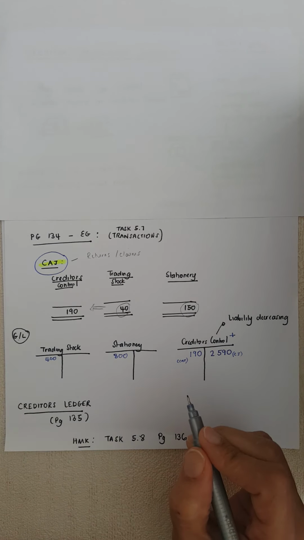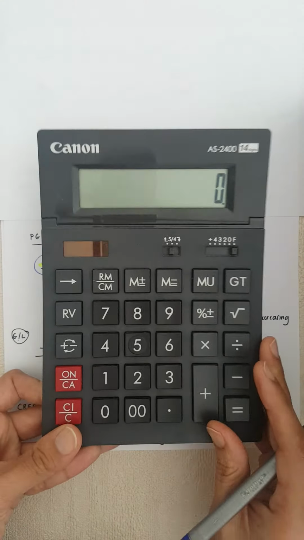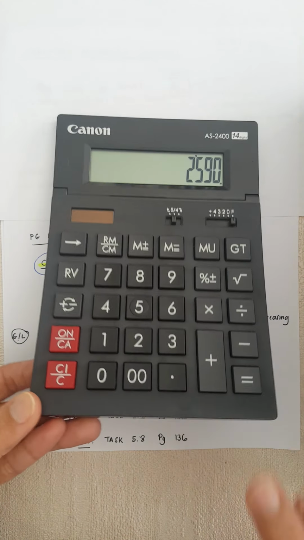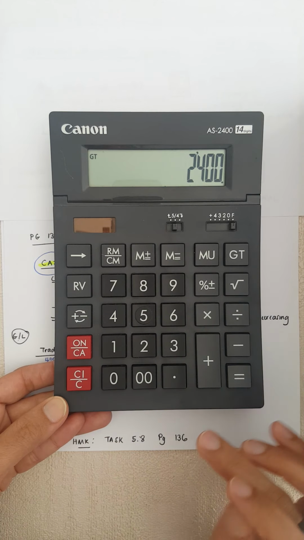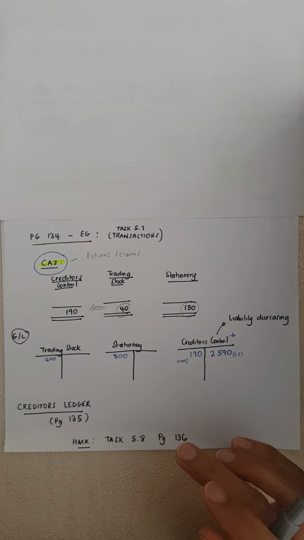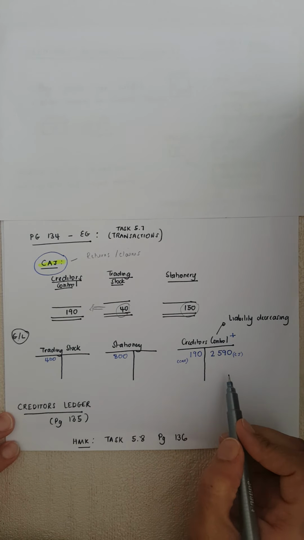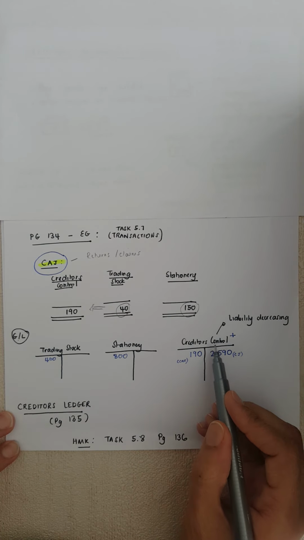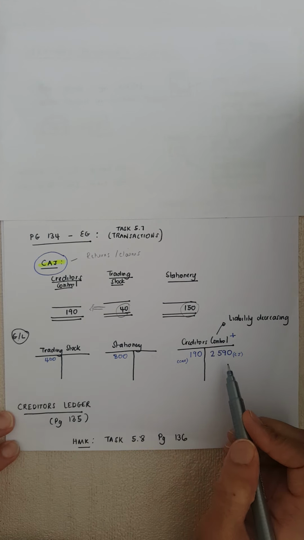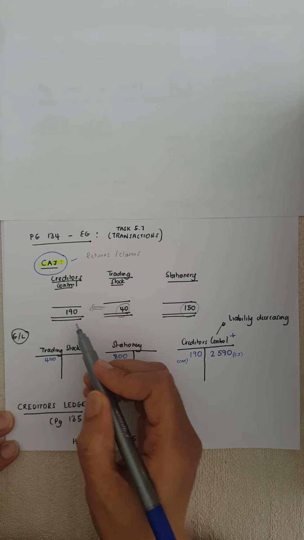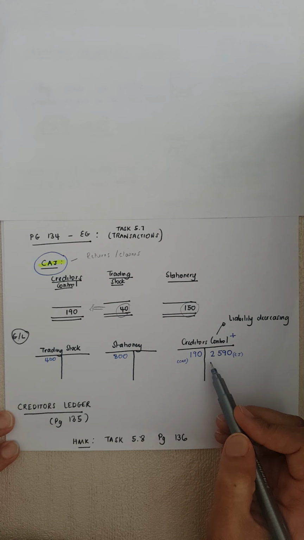If we close off that account, we will get 2590 minus the 190, which is 2400 Rand. So 2400 Rand will be the amount sitting in the creditors control now, right? So this 190 Rand here, we've debited our creditors control.